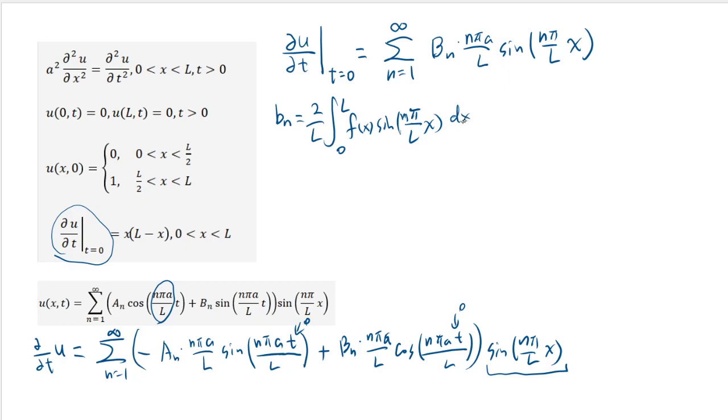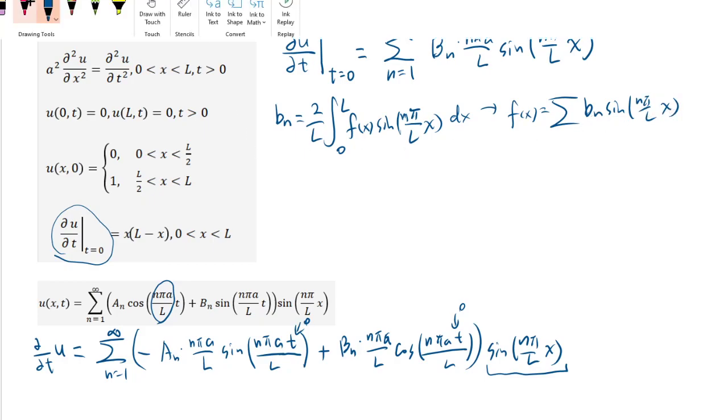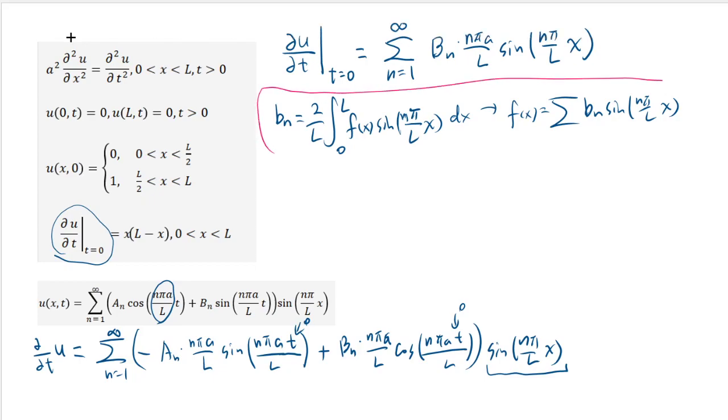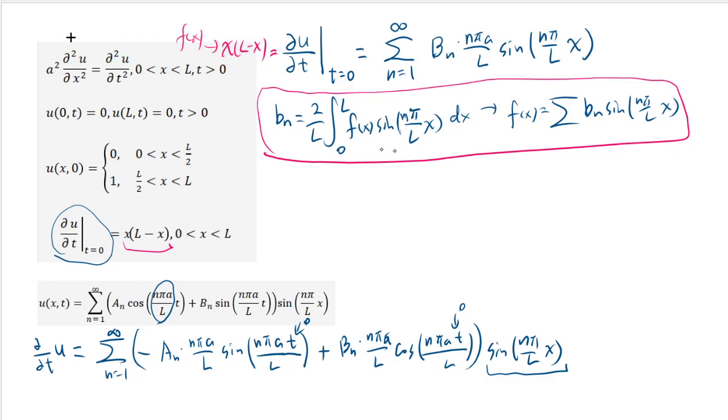However, this in turn expresses f of x as summation of bn sine n pi over L x. So if you compare this with what we're trying to do over here, notice that this is really this one here, x times L minus x. So this is our f of x in this formula. That's what we're going to do. But then here we just have bn, whereas here we have this much.